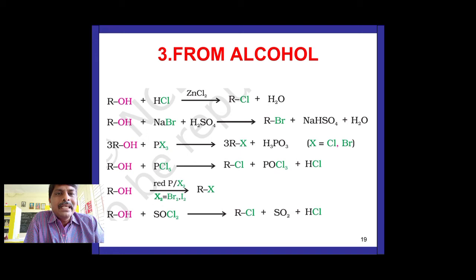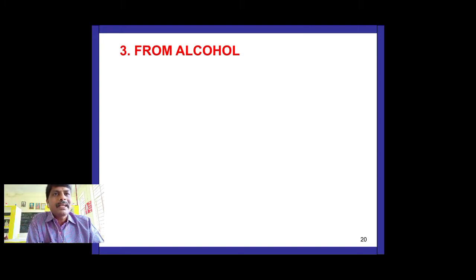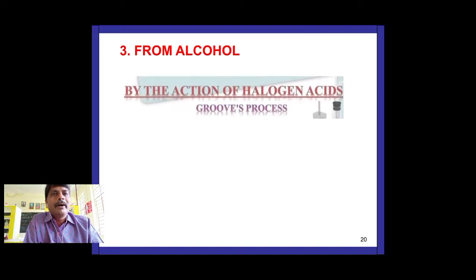One more method is alcohol reacts with thionyl chloride. So here all this alcohol is common. When alcohol is treated with halo acid, what is the product? Haloalkane. When alcohol is treated with phosphorus halides, haloalkane is the product. When alcohol is treated with thionyl chloride, haloalkane is the product.